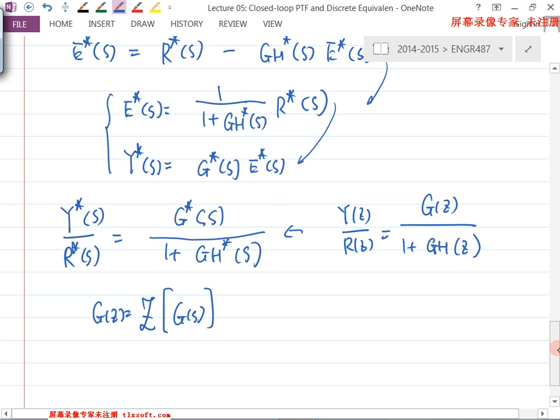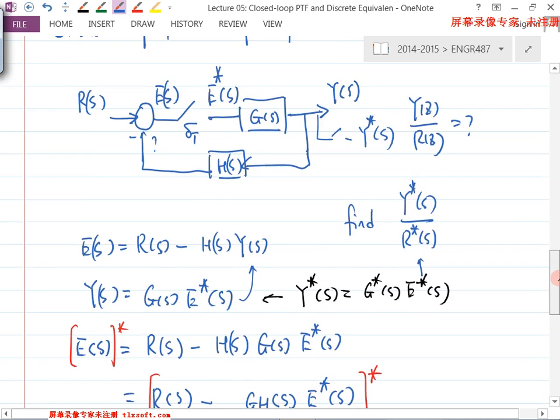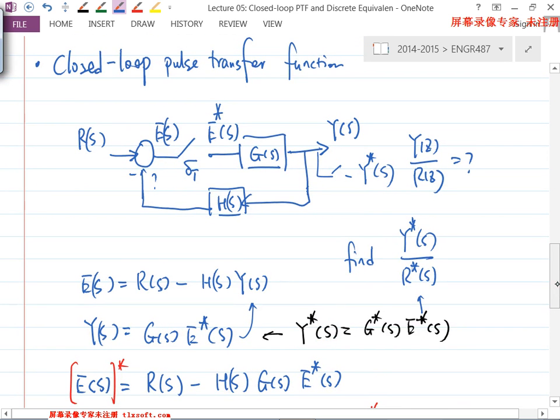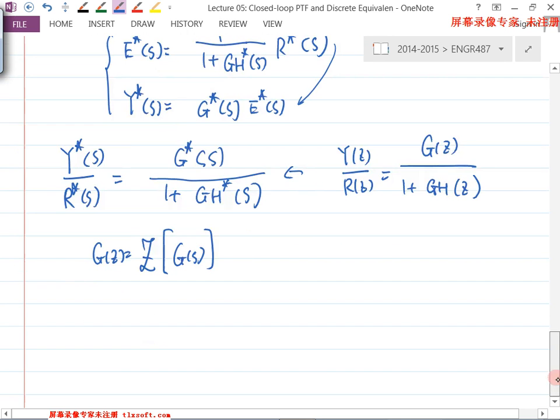So for now, I'll tell you the trick shortly, but let's just say if you don't have the impulse sampler and then it becomes a continuous system, right? What's the closed loop transfer function for the continuous system without the impulse sampler?